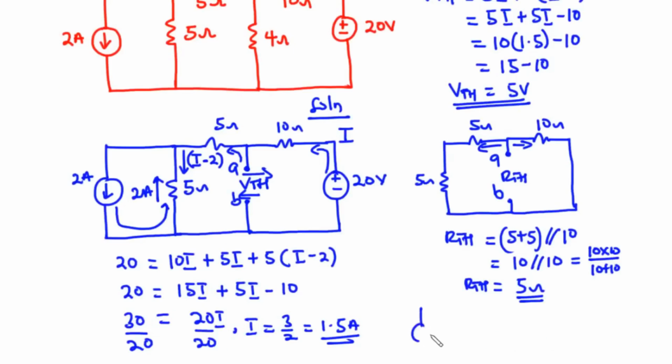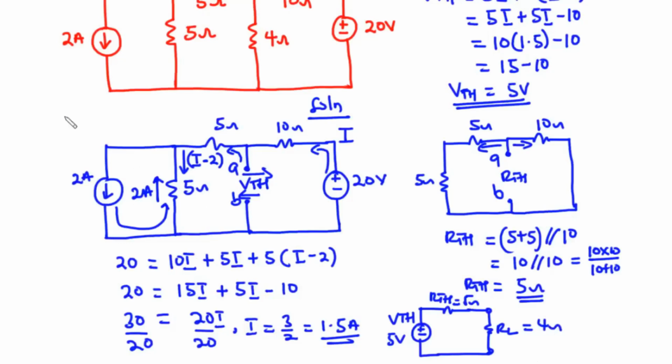Now let's find the value of current flowing through the 4 ohm resistor by assuming we have this to be our Thevenin's equivalent circuit. We have this VTH which is 5 volt, we have RTH which is 5 ohms, and then we have the load resistor which is 4 ohms connected in series with RTH.